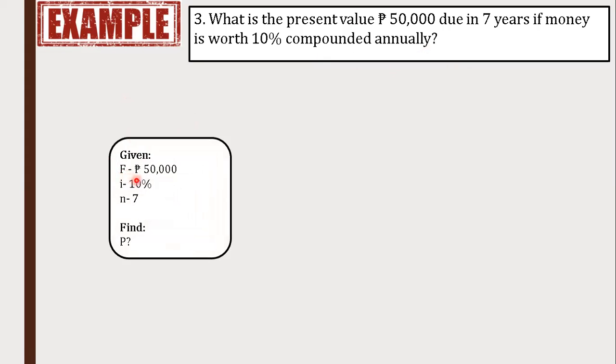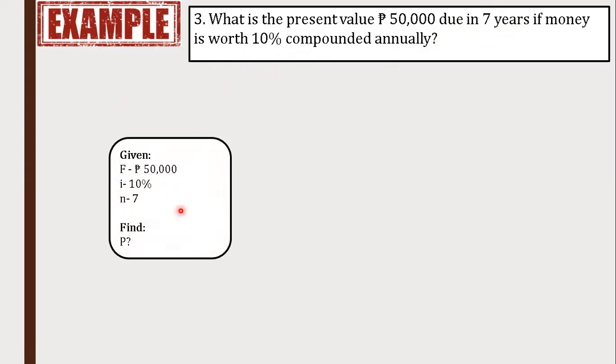So this is how we do it. For the given, that's 50,000 for the future value because it's the present value due in 7 years, which means a person is paying for the past 7 years and that accumulates 50,000. And then the interest rate, that's 10%, and n will be 7.